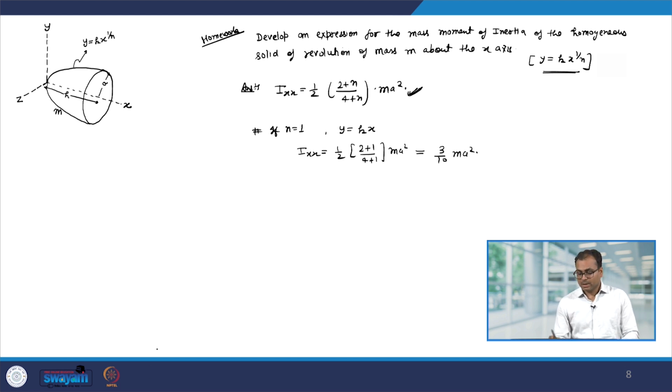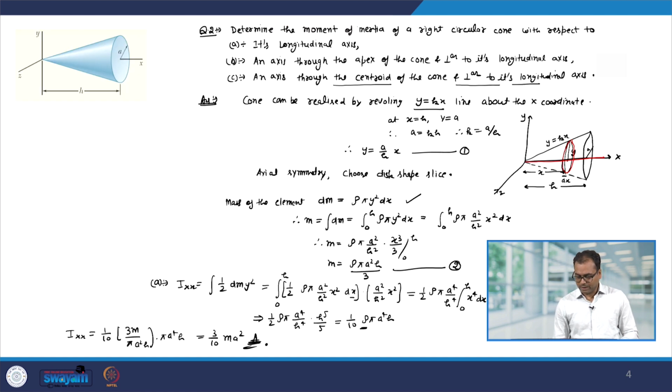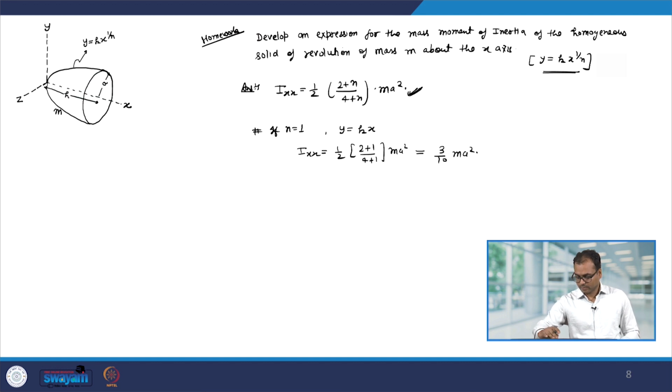This was our second problem. So, in the second problem we found the moment of inertia for a structure made by revolving y equal to k x about the x axis. Here the moment of inertia about the x axis was 3 by 10 m a square. This is exactly what we have.